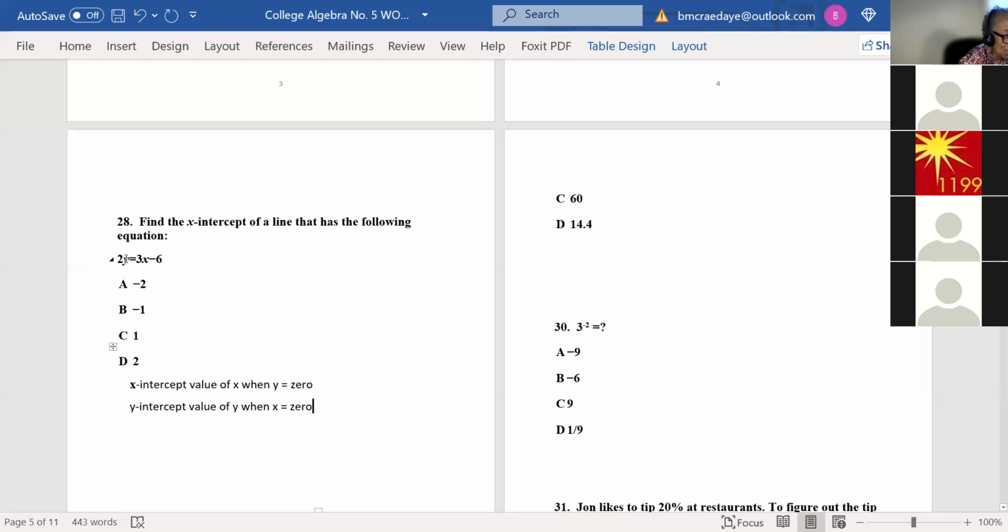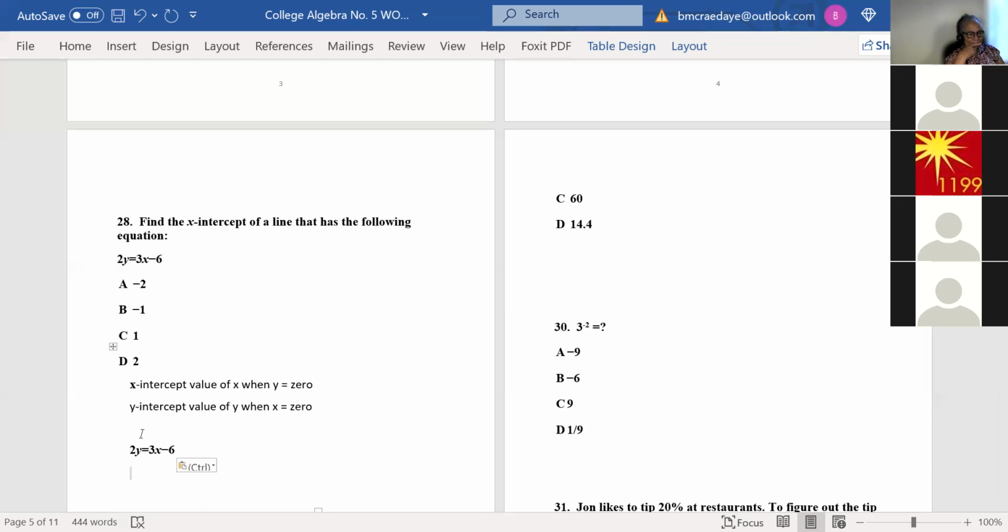Take this equation, y equals 3 over 2x minus 3. Latoya, are you following? Set the y to 0 and solve for x. What do you get? Substitute 0 for the y. What's the value of x?